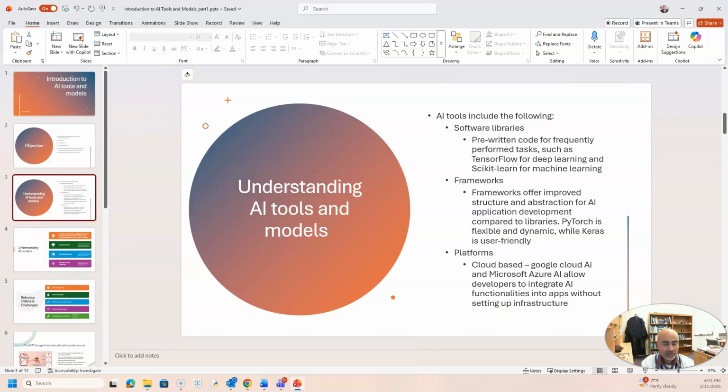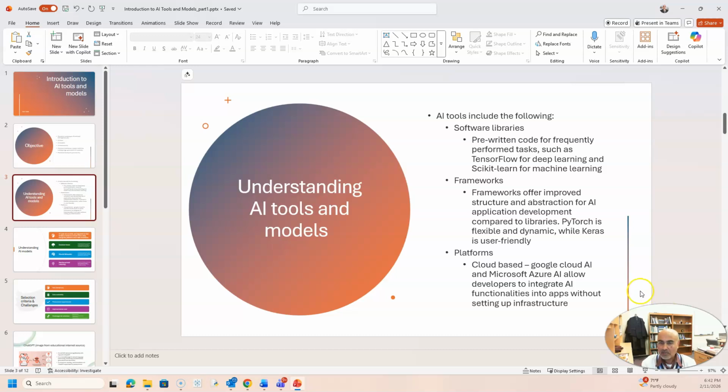It's very flexible and dynamic, while another one like Keras is much more user-friendly. Both of them are very powerful, and they're open source machine learning tools, which offer flexibility and control.